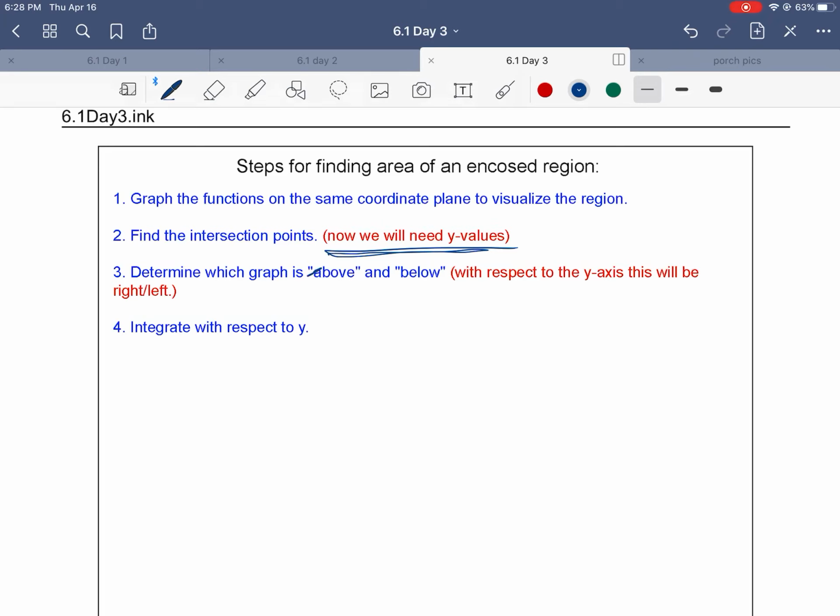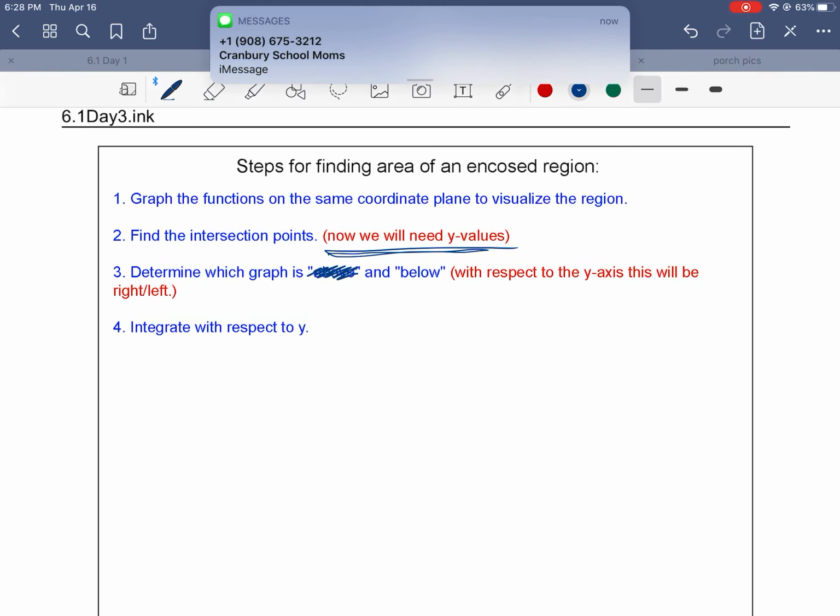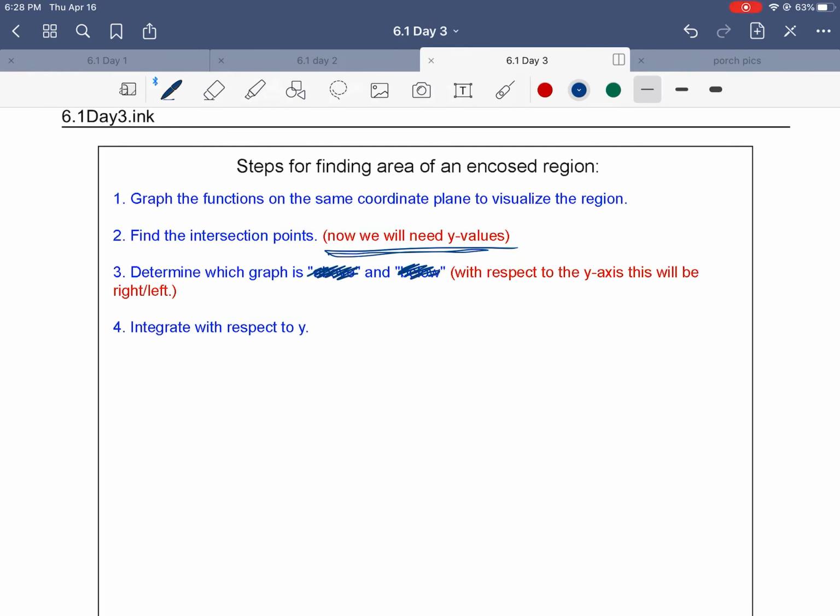Determine, I don't like this language, some people still do, determine which function is right and which function is left with respect to the y-axis. This will be right and left, so it's there. I just want to make sure you fully see it. And then we integrate with respect to y.